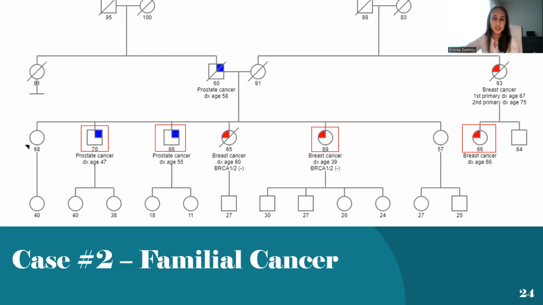Now, we want to make sure that we also encourage these individuals who had genetic testing maybe 15, 20 years ago to reconsider pursuing genetic testing again in a more panel format, making sure to look at all of the genes related to hereditary breast and prostate cancer based on the family history, to make sure that there is a comprehensive genetic or hereditary risk assessment provided to that patient based on what we know now in 2024 that we may not have known in 2004 when they may have pursued testing in the past.